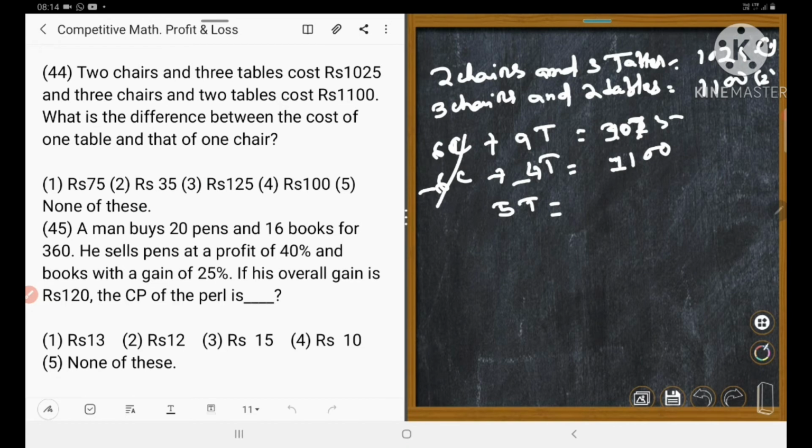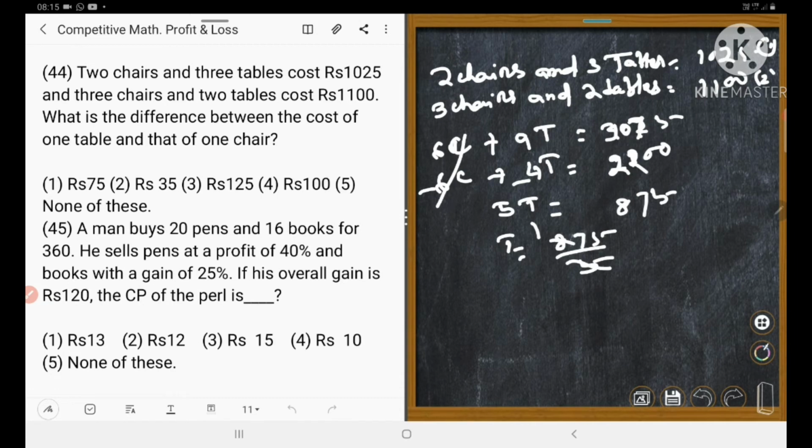And this one by 2, because we multiplied. So now 5T is equal to 875.